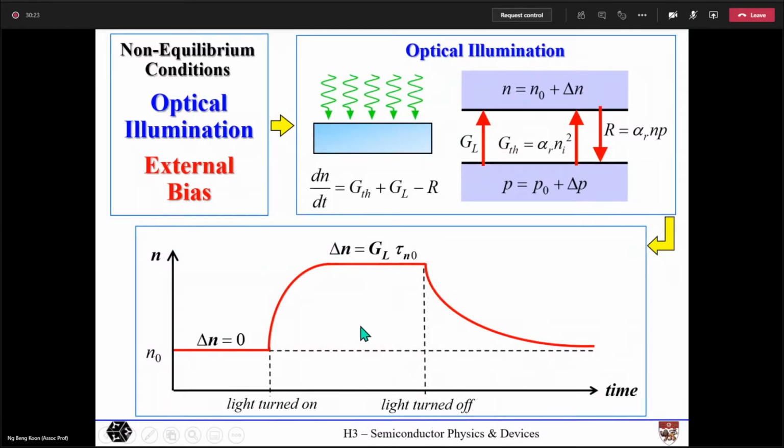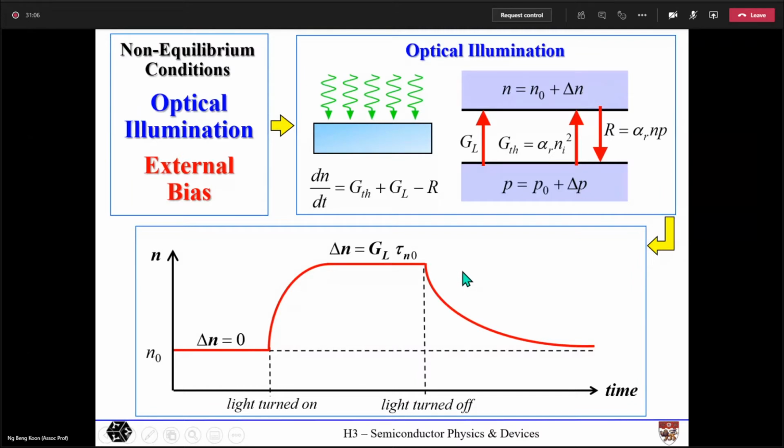Using the rate equation, we see from our last discussion that this leads to an extra carrier delta n that is given by the optical generation rate G_L multiplied by a quantity called the minority carrier lifetime tau_n0, which basically describes how long the minority carrier would exist in the semiconductor before it recombines and disappears. So it's just a product of the optical generation rate and the minority carrier lifetime, to find the steady state concentration of the excess carrier delta n.